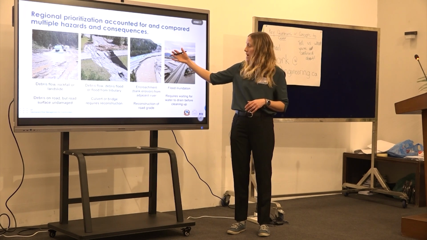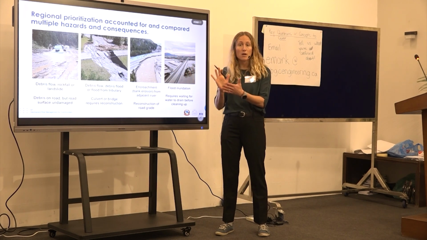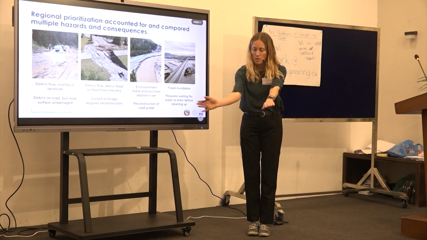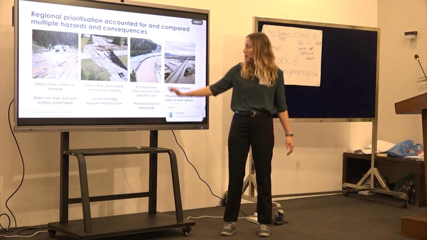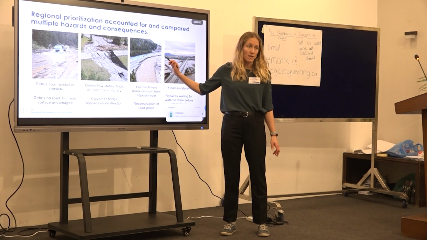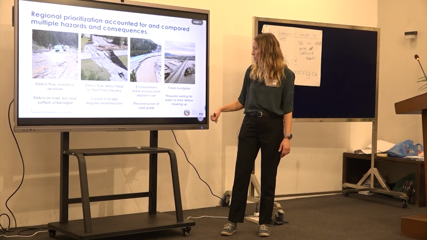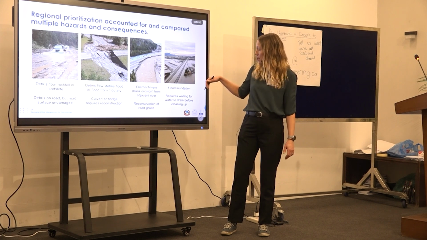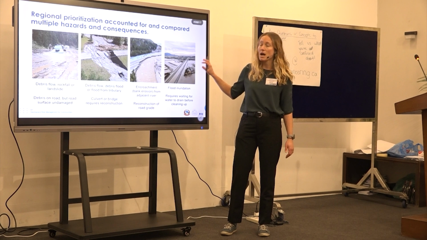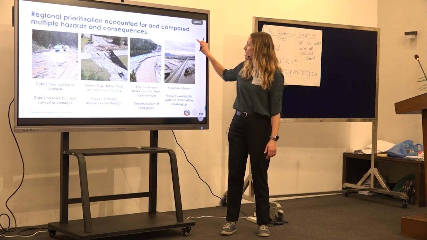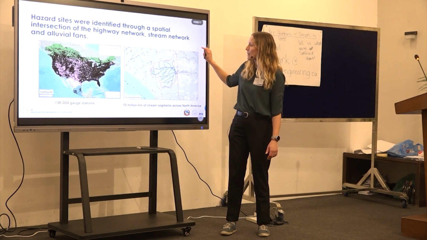Then we had a hazard type that was encroachment or bank erosion. So you have a road and you have a river coming in, and it's actually eroding the road grade. And that requires quite a lot of reconstruction, and that's also going to take several months to do. Or there could be flooding. And so this regional prioritization looked at all these different hazard and consequence types and tried to compare them.